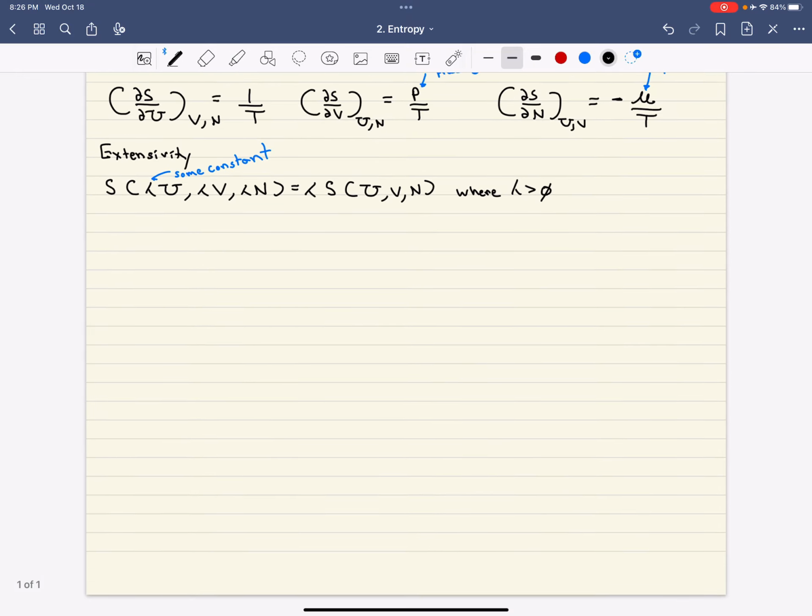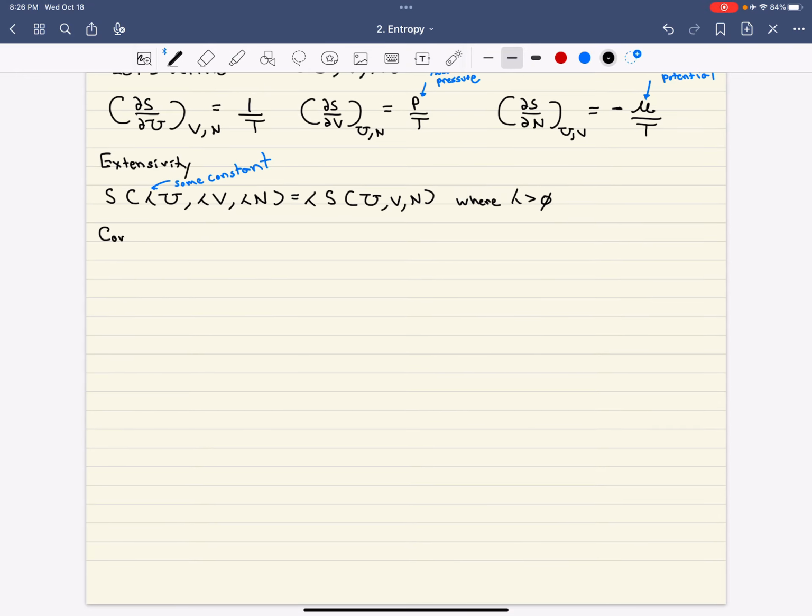All right, the last property I want to mention has to do with the concavity of the entropy function. As we saw earlier, I'll say this first.